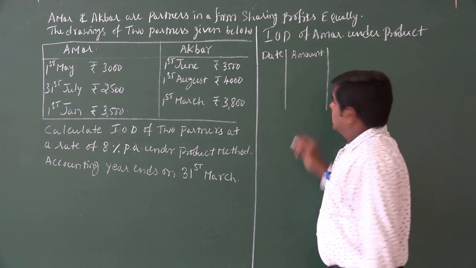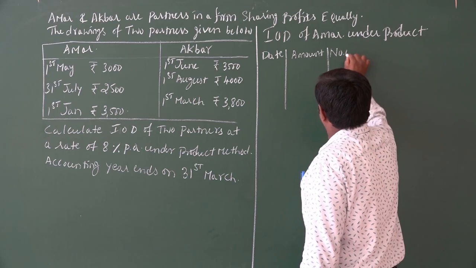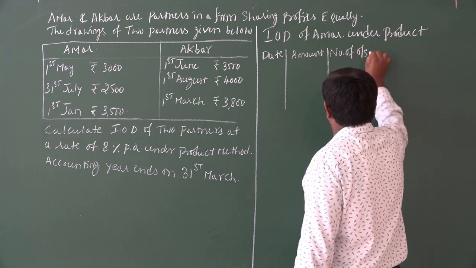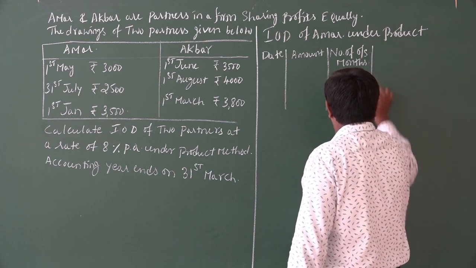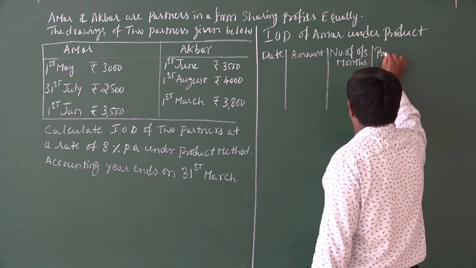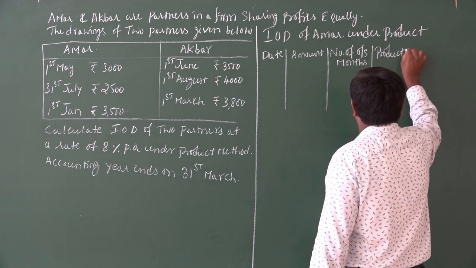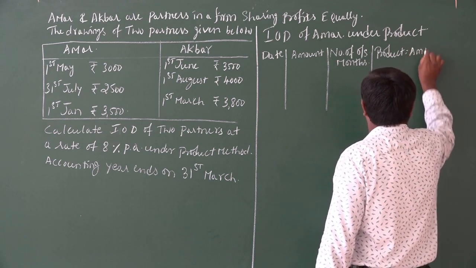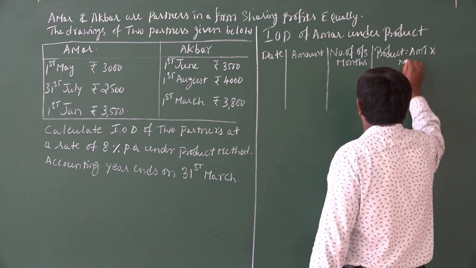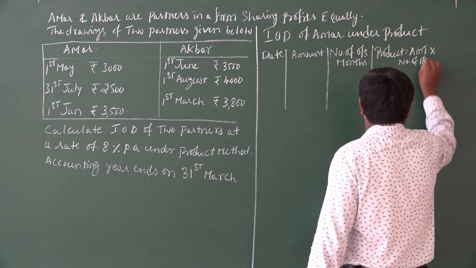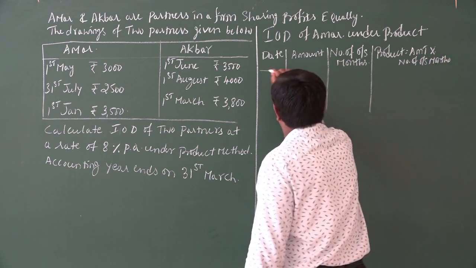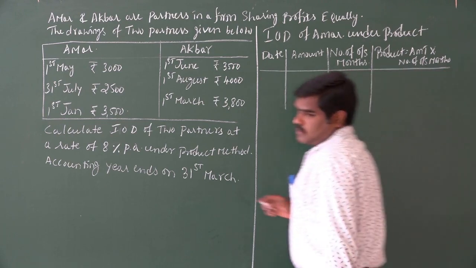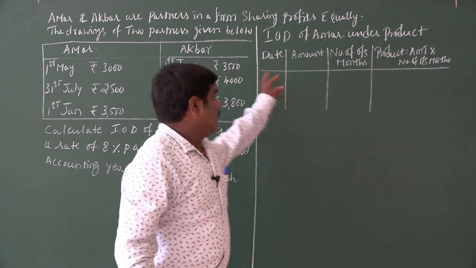Next column, number of outstanding months. The next column will be product, equal to amount into number of outstanding months. So draw 4 columns like this first.